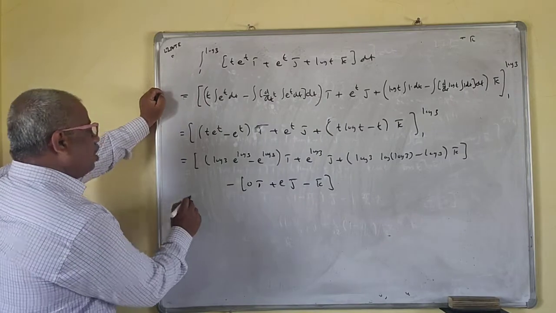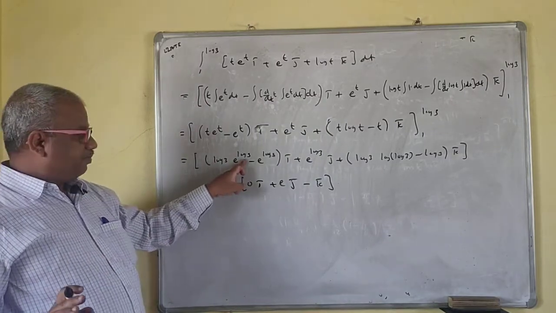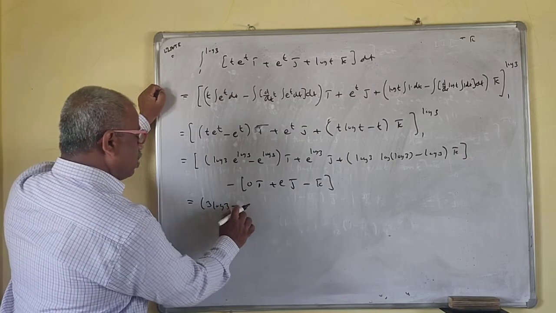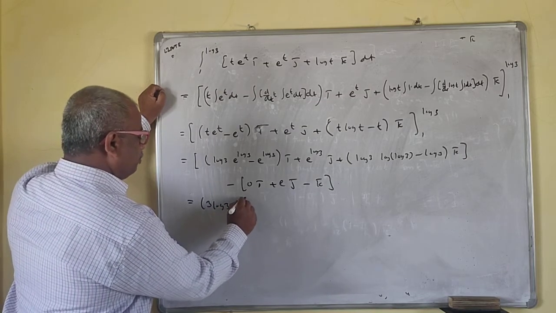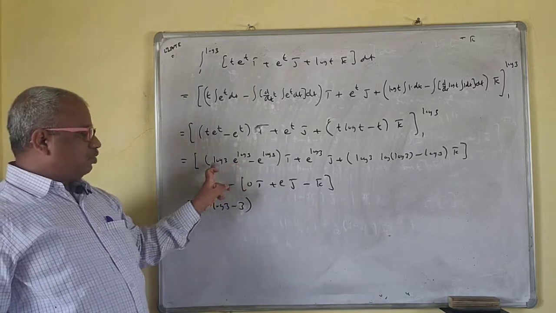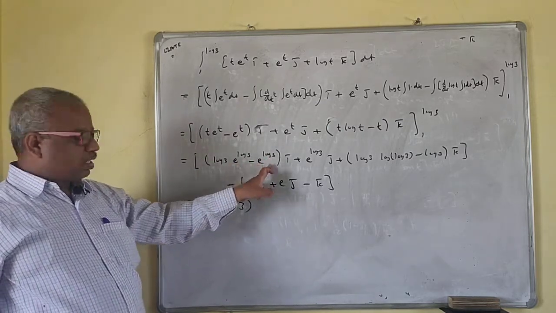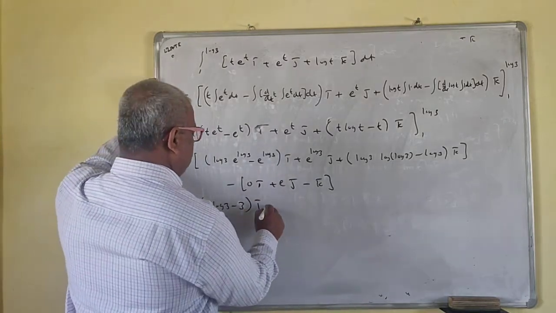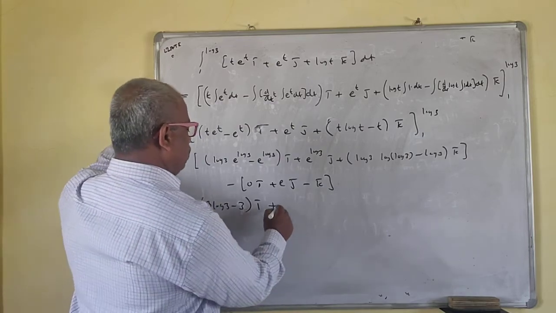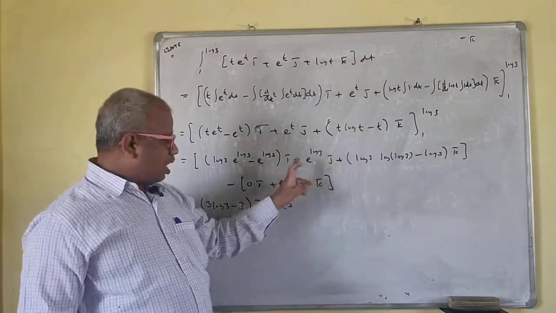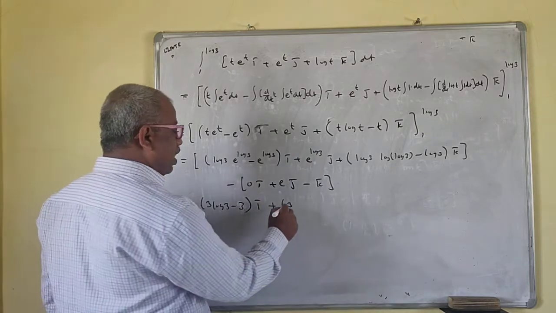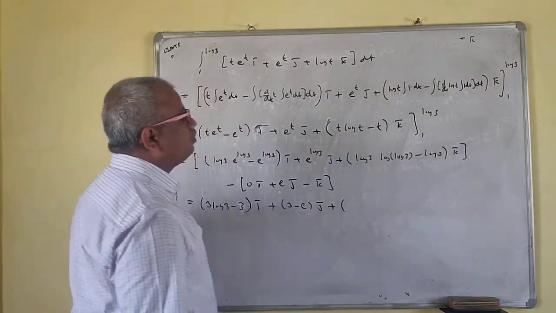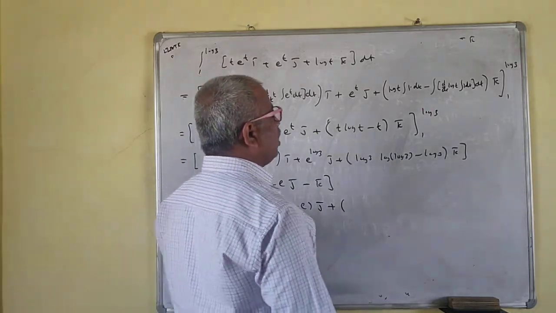Okay, so now e raised to log 3 is 3. So this is 3 log 3 minus 3, since e raised to log 3 is 3, so 3 log 3 minus 3 I bar. Plus this is 3 and minus e, so minus e j bar. Plus, here you cannot take any common now.